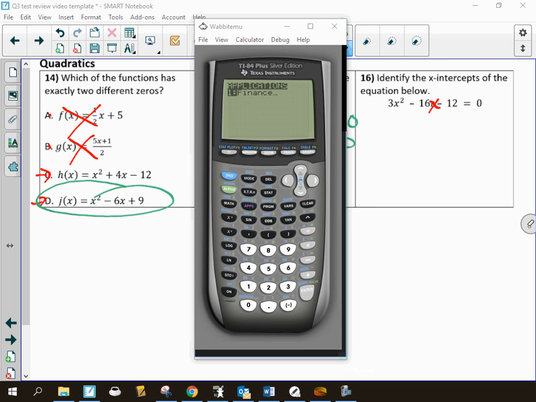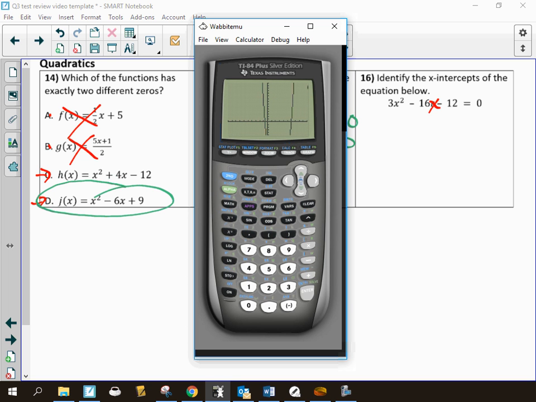So we go y equals 3x squared minus 16x minus 12.